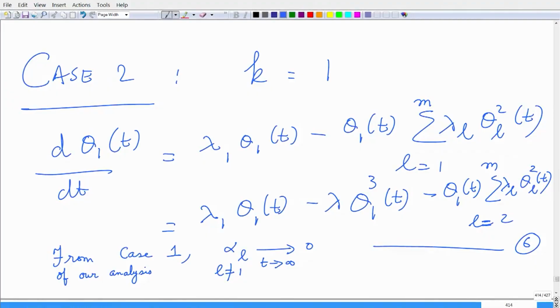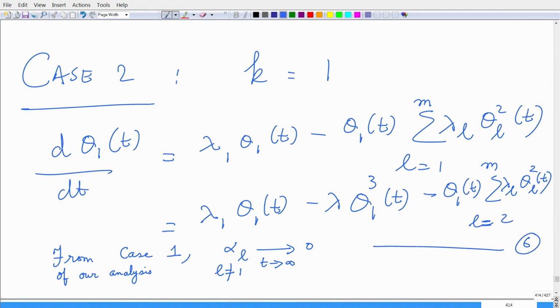We considered all the modes except the principal mode, that is for 1 < k ≤ m, and showed that all these modes dive to 0 asymptotically. That leaves us with a question: what happens to the principal mode? We have to analyze that case. So, let us consider the case where k = 1.